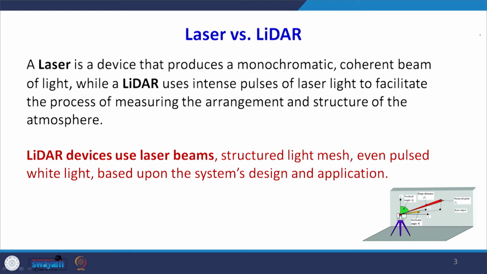So, if we have several of these laser lights, very intense pulses to take the measurements of the different structures and different objects, then that is called the LIDAR. And we have the laser LIDAR based devices which are using the laser beams.